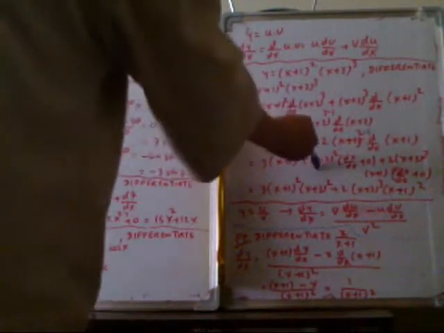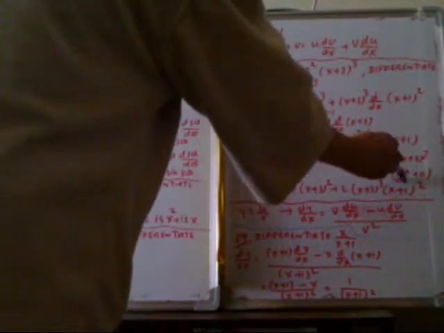So the final answer is 3(h plus 1) squared (h plus 3) squared plus 2(h plus 3) cubed (h plus 1). This is the answer for this problem.